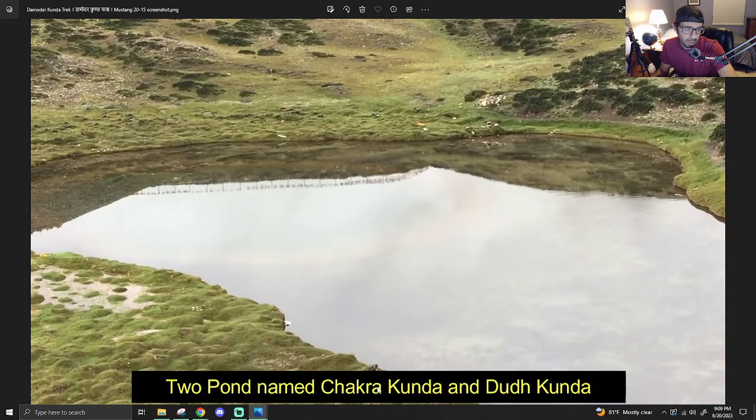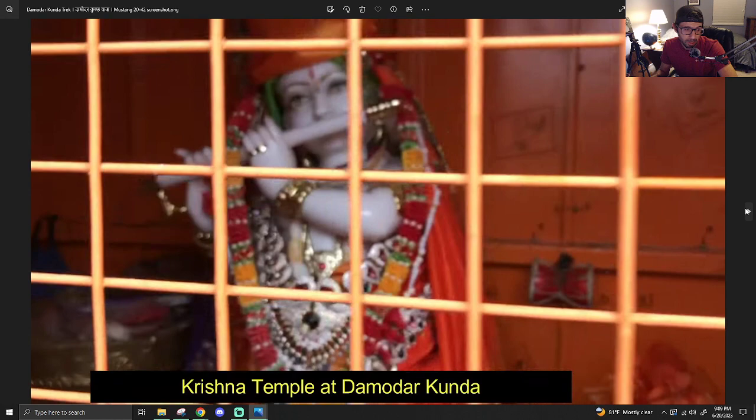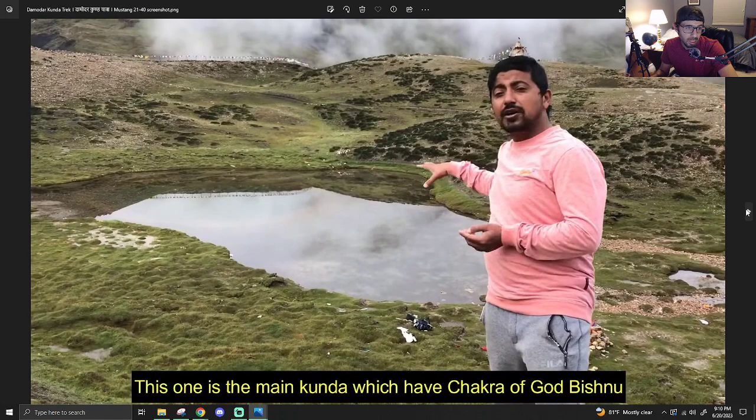The one with two pawns is named Chakra Kunda. I guess Chakra is the one with the eyeball in it. A Krishna temple. This one is the main Kunda, which has the chakra of God Vishnu, which we can see there.